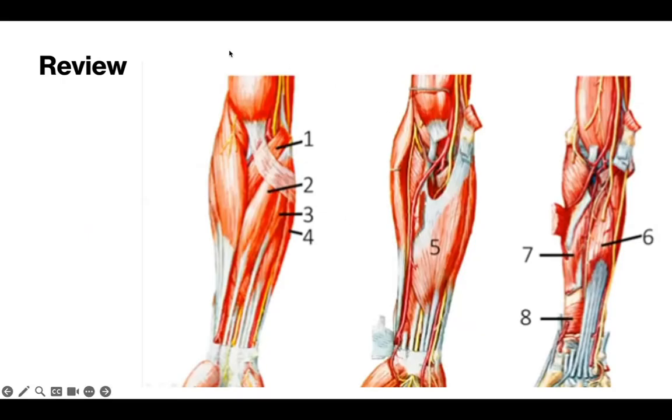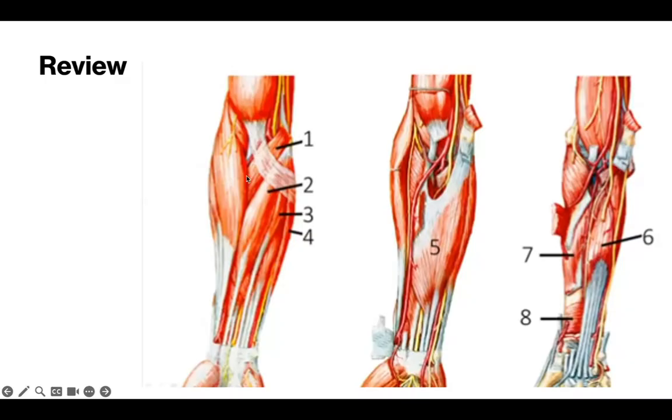We do have a review slide here where we can go over the superficial muscles first, the 1 intermediate, and the 3 deep muscles of the anterior side of the forearm. If you need to practice, you absolutely can with these images.